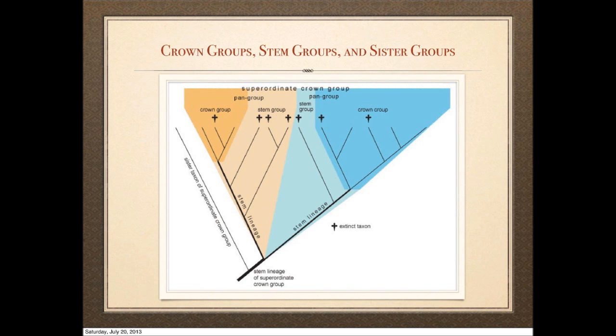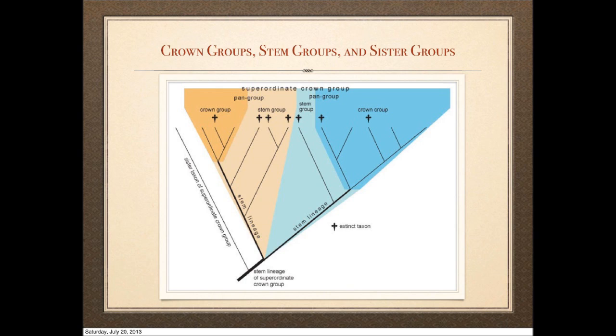And so here we have a typical branching diagram. But what you see on the right in the shaded blue area is something called a crown group. And a crown group is defined as all of the living representatives of a particular modern taxon. So it could be a family or an order, or it doesn't matter what.